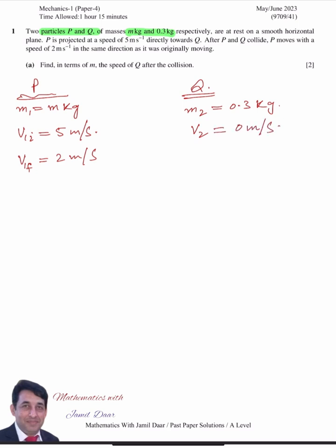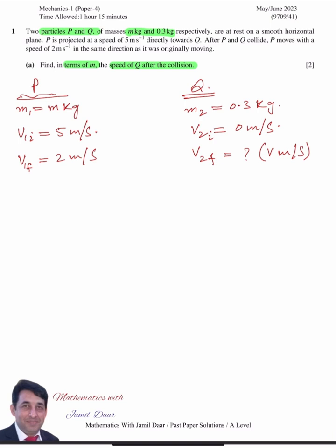Now they are saying, after the collision, find in terms of m the speed of Q after the collision. So V2 final we have to find out. Let this be v meter per second.